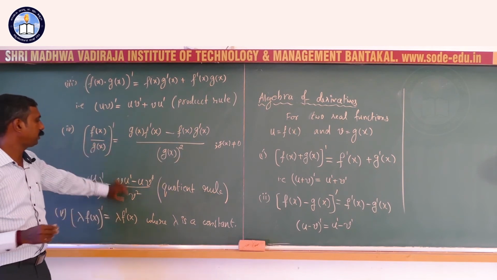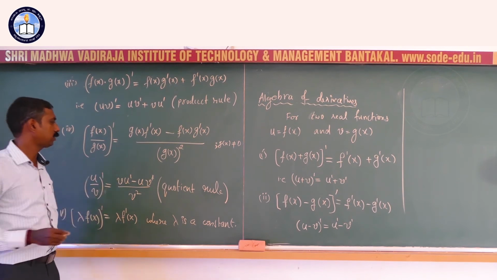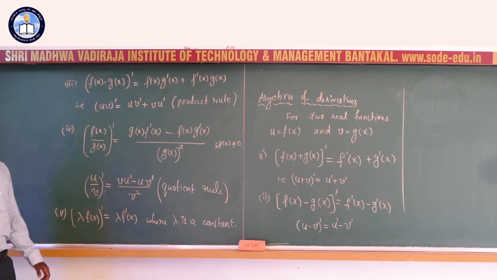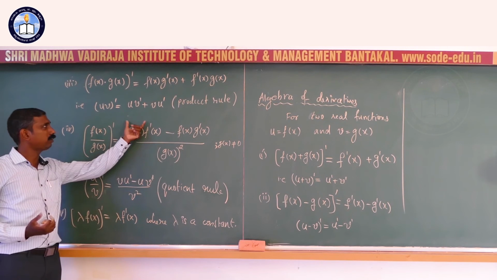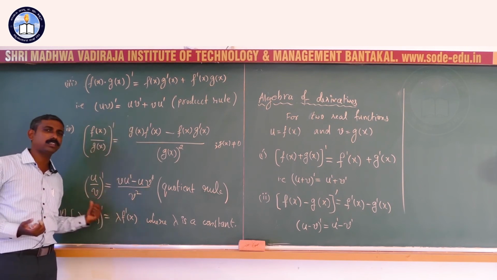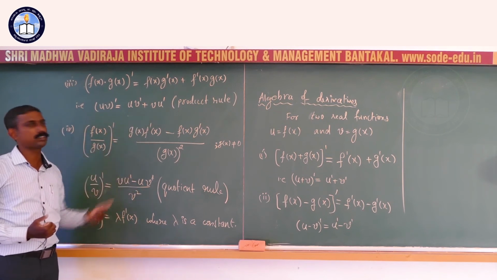Otherwise, denominator into derivative of the numerator minus numerator into derivative of the denominator, divided by denominator squared. You are differentiating similar to the product rule, but since the denominator is there, it has to be taken care of, and you can see the sign difference is also there.